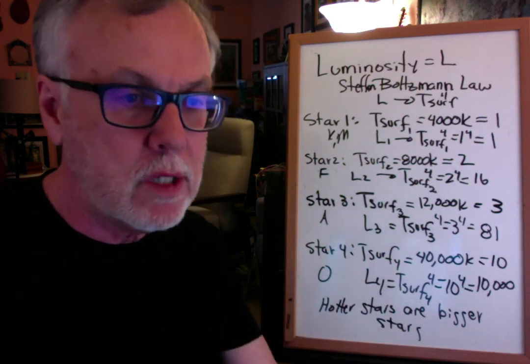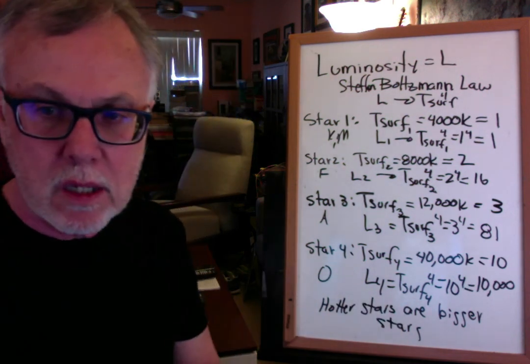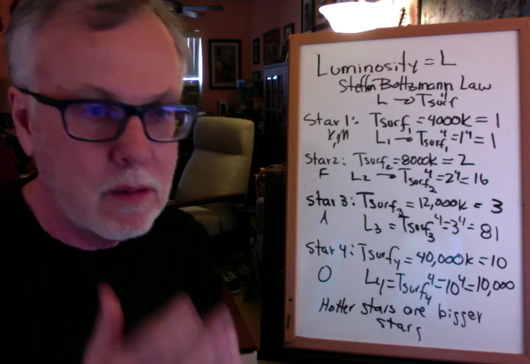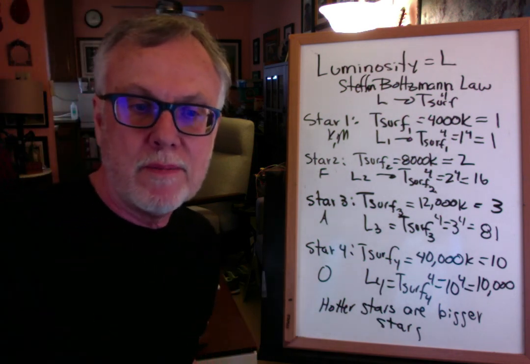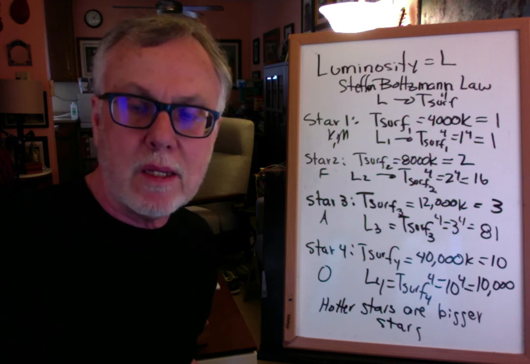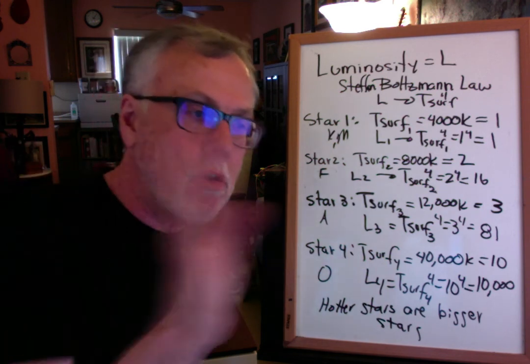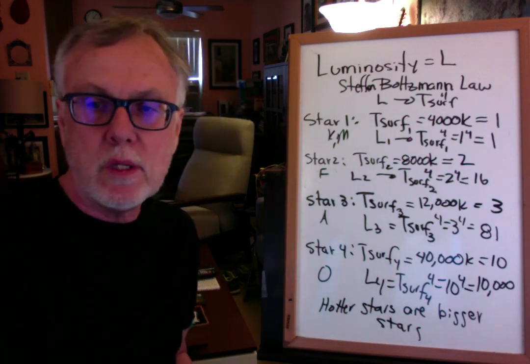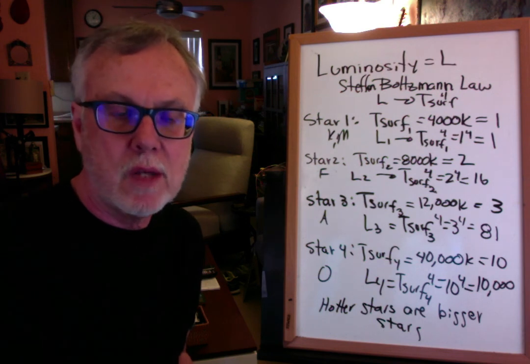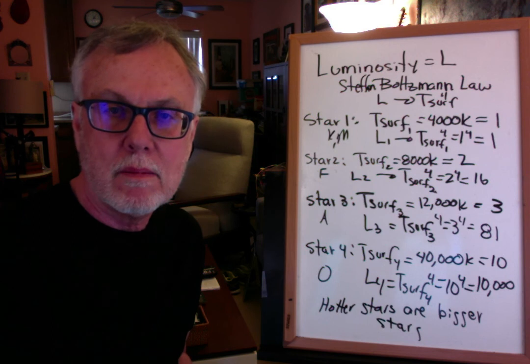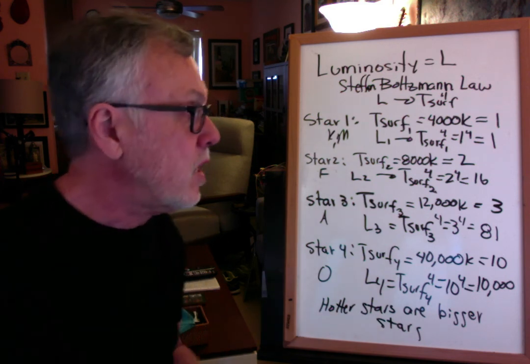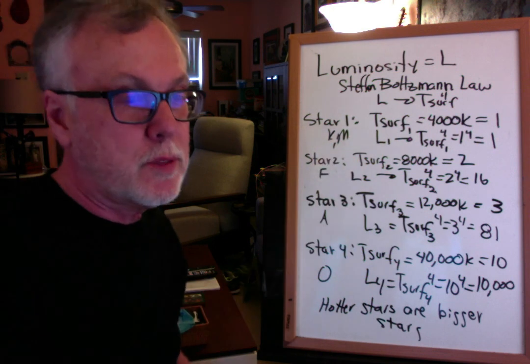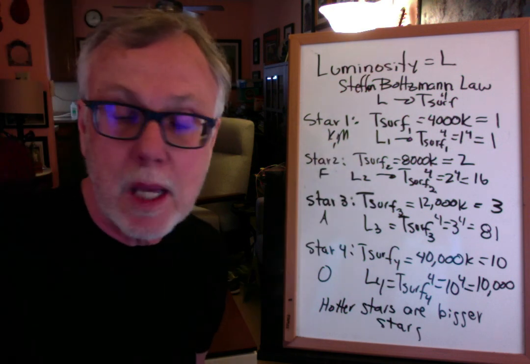And that's one of the reasons why when you go out at night, most of the stars you see are bluish white stars, because they're just dang bright that even if they're far away, you can see them because they're like bright lanterns in the night sky. And that allows you to see them far away. And that's why you don't see too many red stars, just because they're just dang dim.